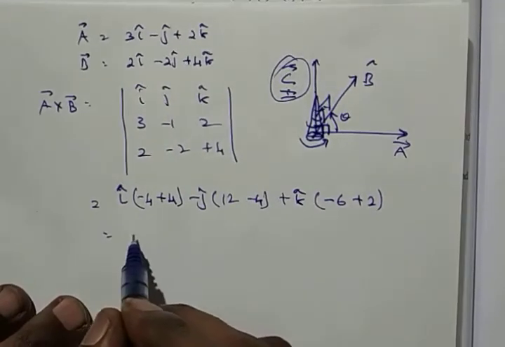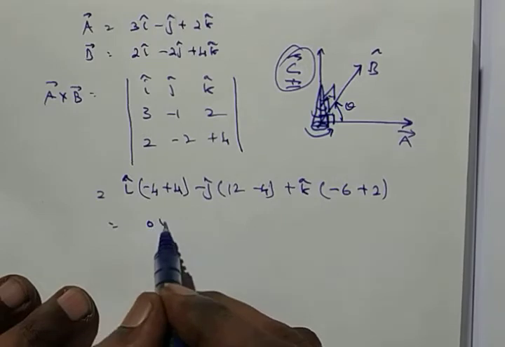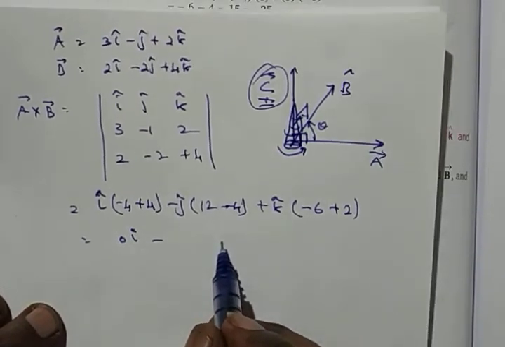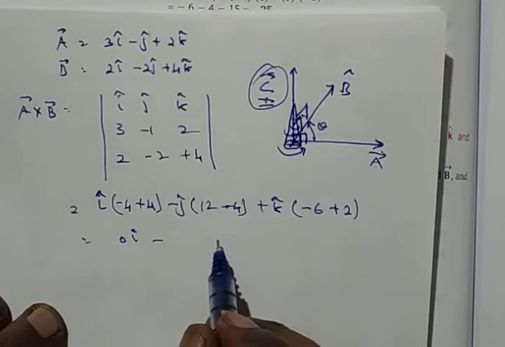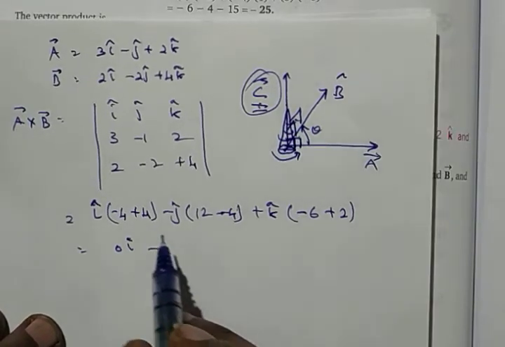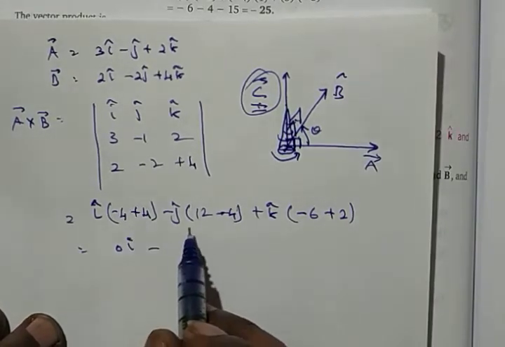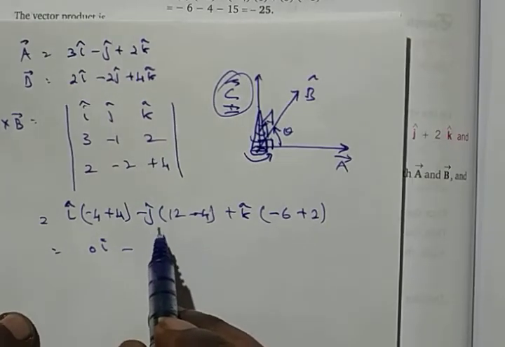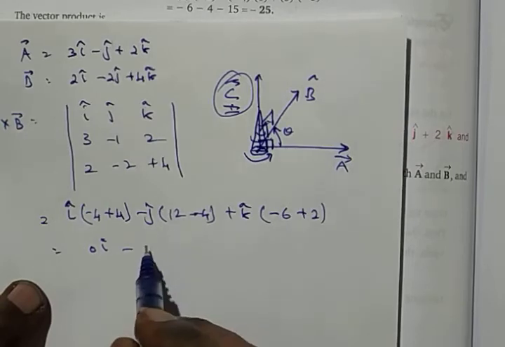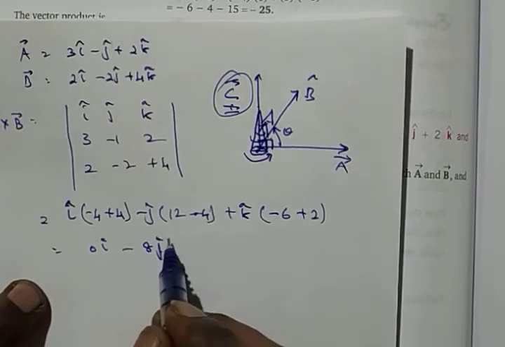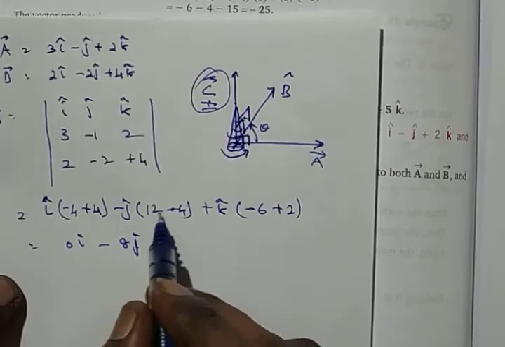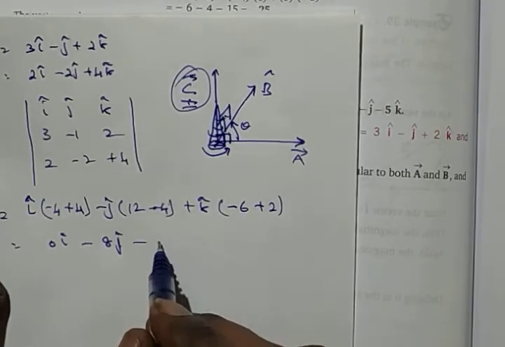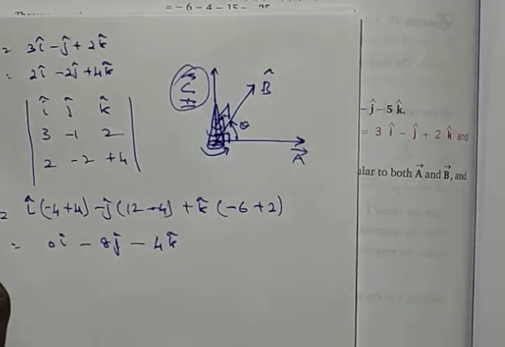So this will be 0 i cap, and here you get 8 j cap, and here you get minus 4 k cap.